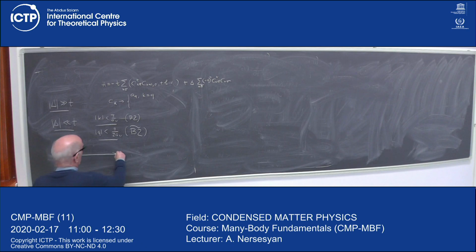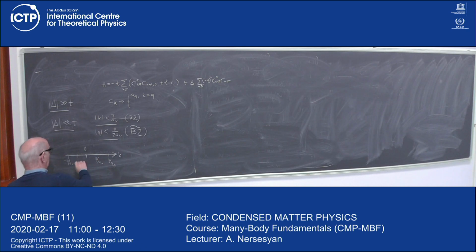So again, I show what is k. k varies from minus pi over a naught to pi over a naught. Somewhere here we have 0. And one half of that is just the interval when we define the wave vector q.